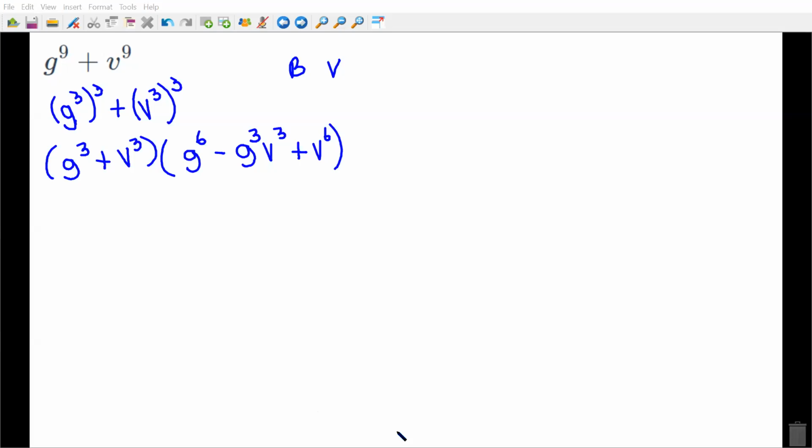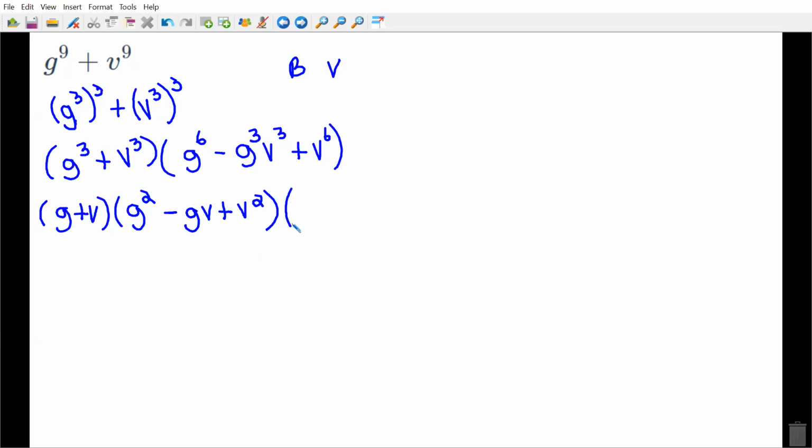G plus V, plus B, close parentheses, open parentheses, G to the second power, minus GB plus B to the second power. Close parentheses.